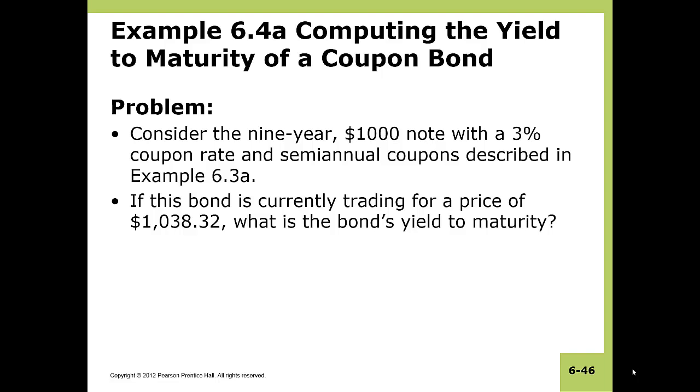The present value is $1,038.32, and you're trying to solve for I. Here's the answer, but pause here, put it in, and see if you come out with the same answer. It should be 2.52%.